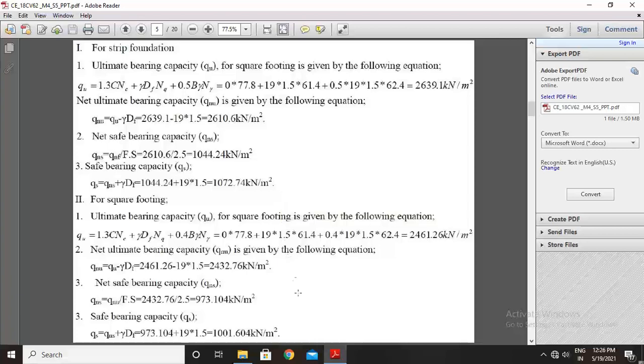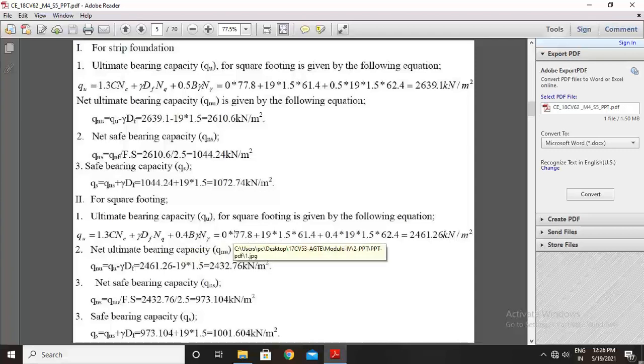Now you solve the second case, that is for square footings. For square footing, follow the same steps. The ultimate bearing capacity for square footing is given by the following equation: Q equal to 1.3 times C NC plus gamma Df NQ plus 0.4 times B gamma N gamma. Now substitute the values here.